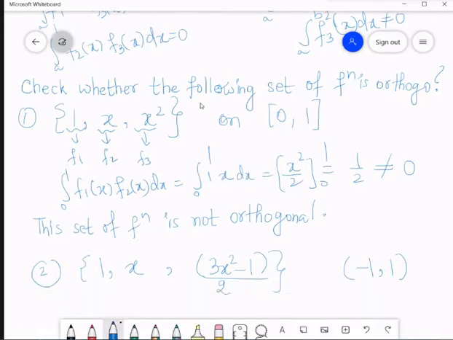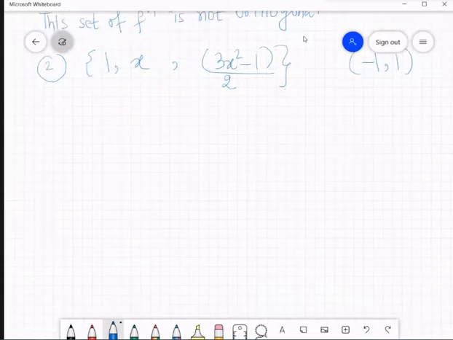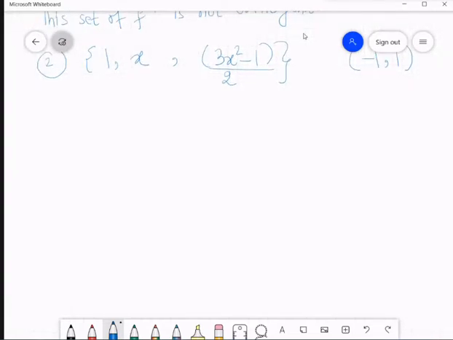Are we getting this as an orthogonal set? So over here again, I'll call this F1, this one F2, and this one F3.